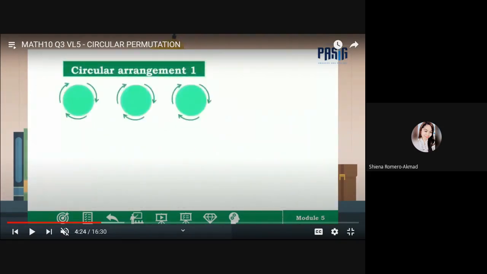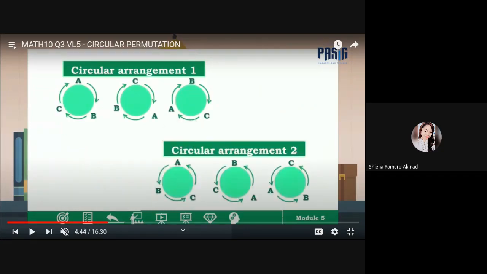So, ito yung circular arrangement 1, and this is the circular arrangement 2. Kapag nilagay na natin siya sa table, in-arrange ko siya in a way na nakadepende yung pag-arrange natin kung clockwise ba or counterclockwise. Tulad nito, si ABC, si CAB, si BCA.